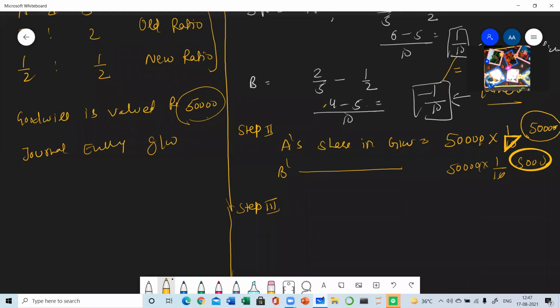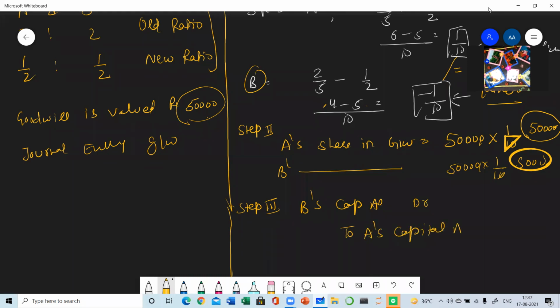As I have not disclosed whether the capital is fluctuating or fixed, you will assume that the capital is fluctuating. So now the entry will be gainer partner's capital account debit. Who is the gainer? B. So the entry will be B's capital account debit to A's capital account.